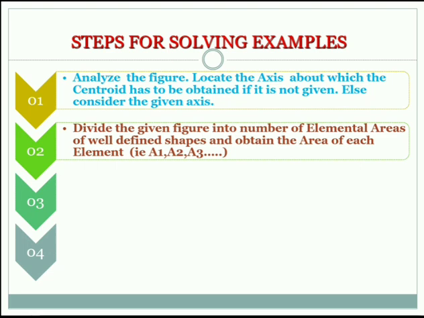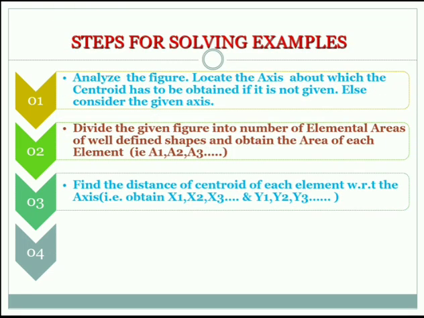That's what I mean by dividing the figure into elemental areas of well-defined shape. Say for example, if I have the letter I, into how many subfigures can it be divided? 3. Yes, we can divide the letter I into 2 horizontal rectangles and 1 vertical rectangle. That's what I mean in this step.